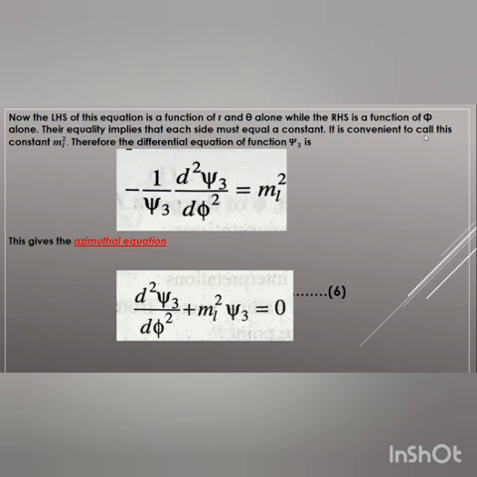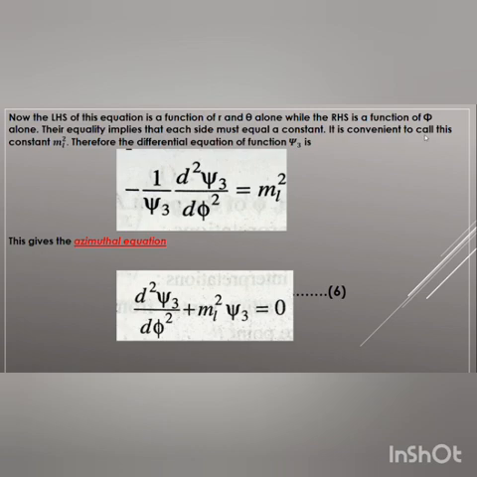Let us denote that constant by m square L. Therefore the differential equation of function psi 3 is minus 1 by psi 3 del square psi 3 by del phi square equals m square L, which gives the azimuthal equation. On rearranging, we get del square psi 3 by del phi square plus m square L psi 3 equals 0, where m L is called the magnetic quantum number, which we'll discuss in the next video.